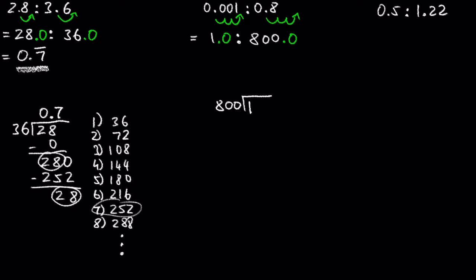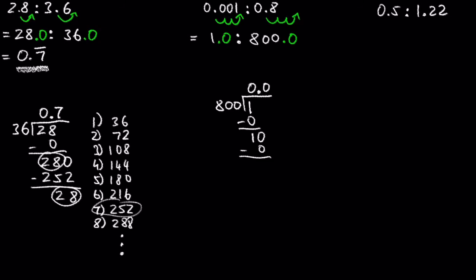The 800 goes into the 1 0 times. 0 times 800 is 0. Subtract 0 from 1 and we get 1. Bring down the 0 and put the decimal point. The 800 goes into 10 0 times. 0 times 800 is 0.